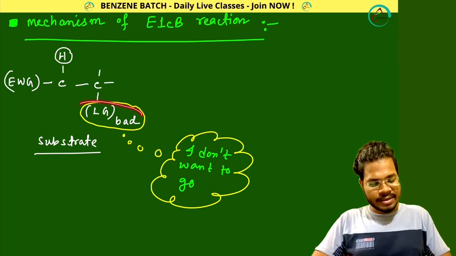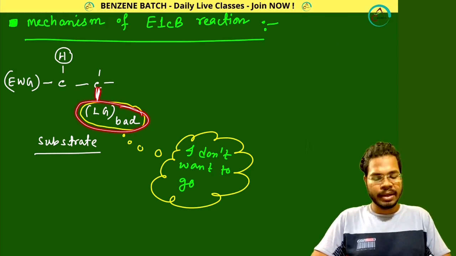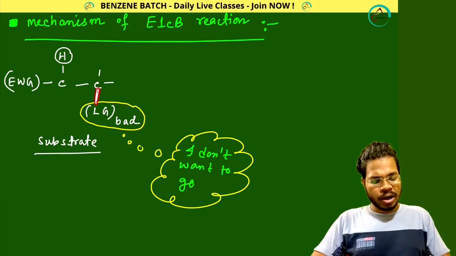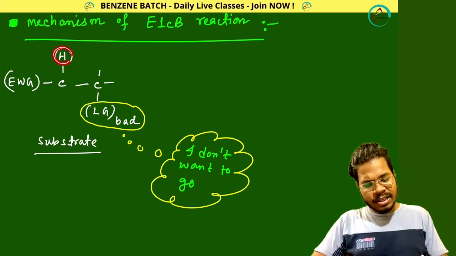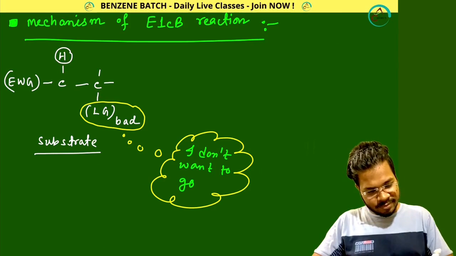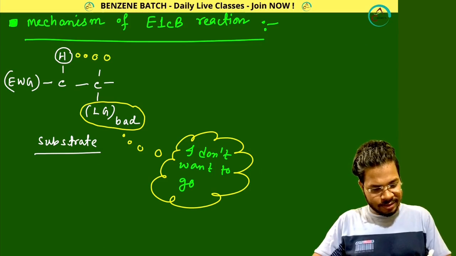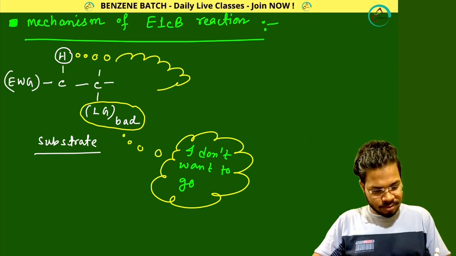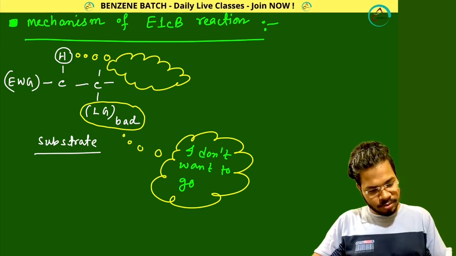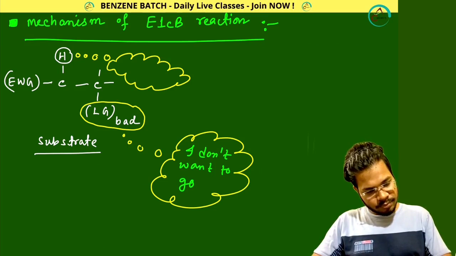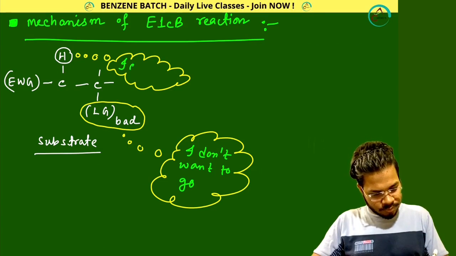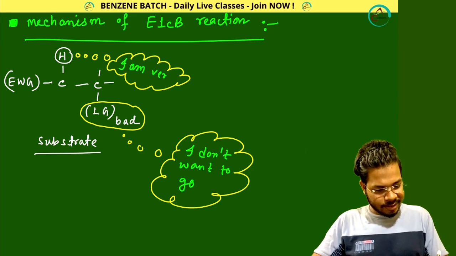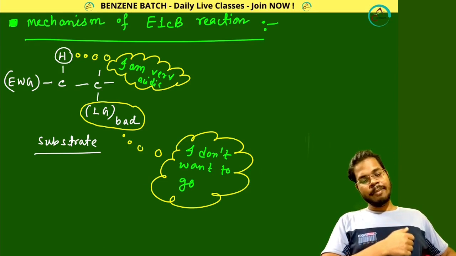Because there is a very strong interaction between this carbon and the leaving group, this bond is stronger and will not break easily. But this hydrogen is very acidic. This hydrogen will say, I am very acidic.